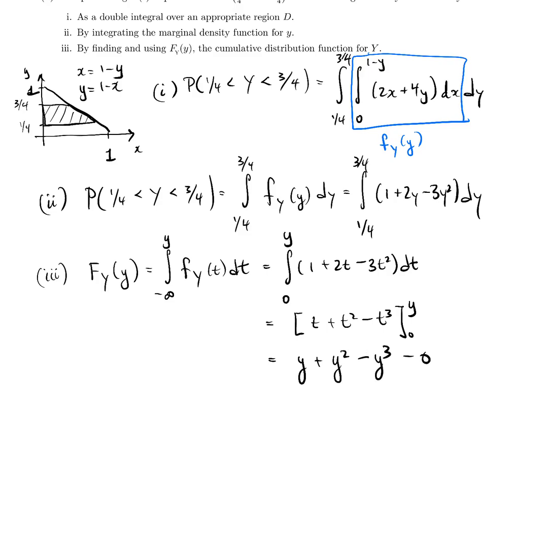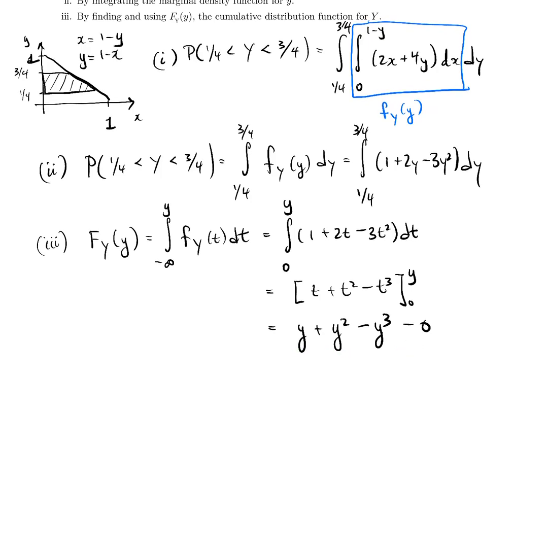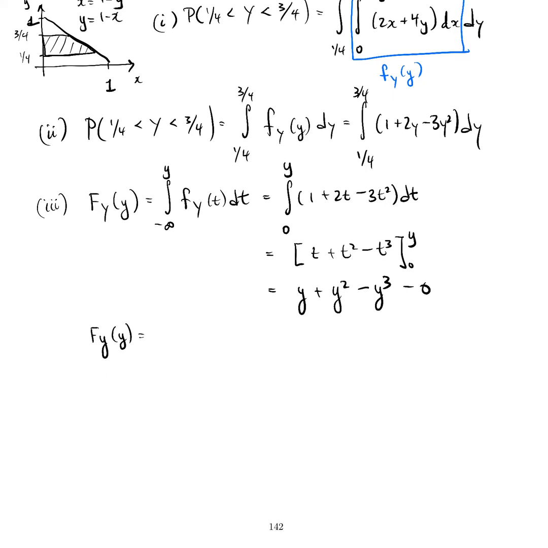But again, this is not the final answer. For the cumulative distribution function, you really need to write down the full function with its full values on all of the intervals. That function is 0 before we get to the y value of 0. So that's 0 for y less than 0.